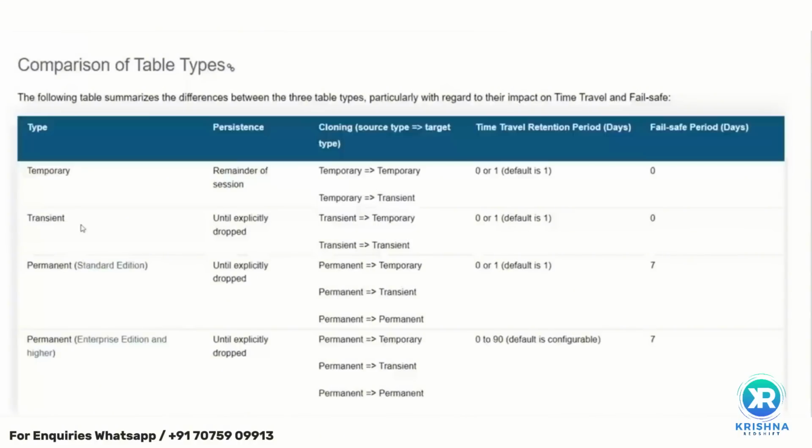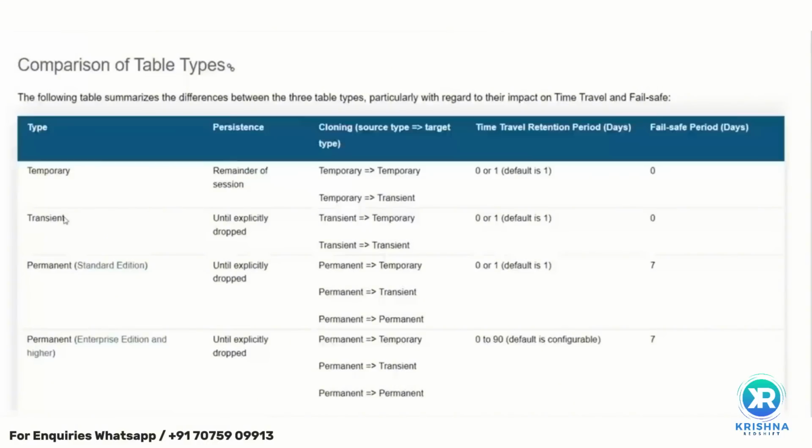Whereas a transient table is the same as a permanent table, but its failsafe is 0. Once you drop it, you cannot restore it. The data will be there until you drop it. Even if you create it today, it will be there till you drop it.